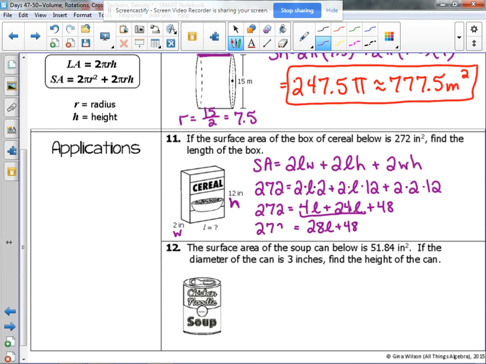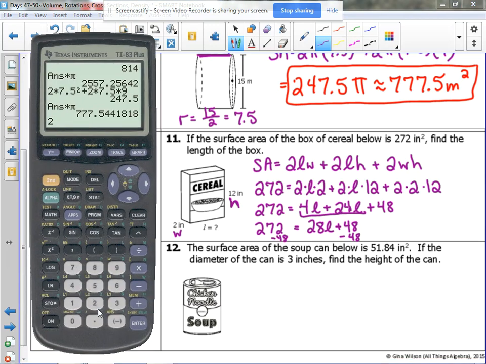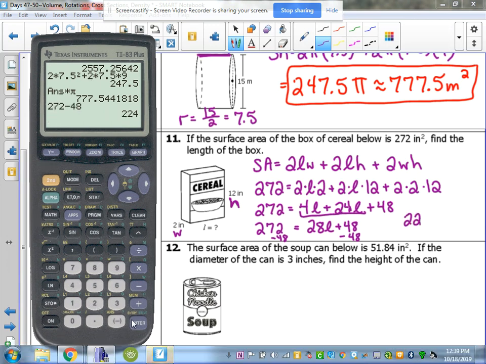We're trying to solve for L, so subtract 48. 272 minus 48 is 224. It's equal to 28L. What's next? Divide by 28. So 8 equals our length.